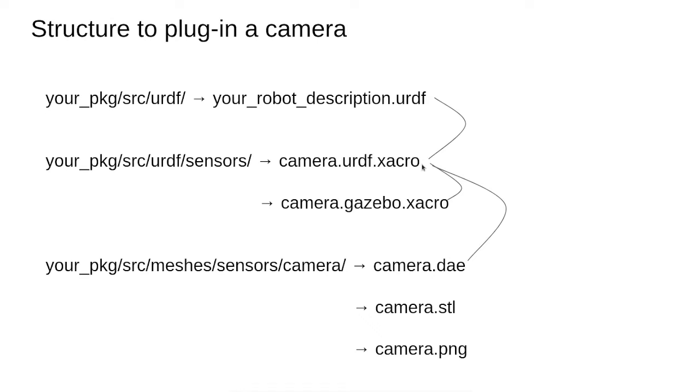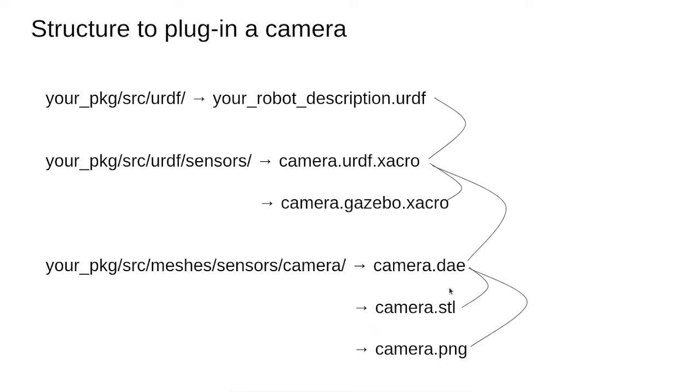Another important file that the xacro file of the camera will contain, to describe and model the camera as best we can, will be the .dae file. This file will contain all the low-level description of the camera, and this DAE file will contain the STL file and the PNG, where the STL file is the geometry, a 3D drawing of the camera that we want to implement.